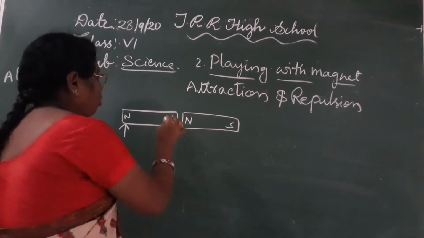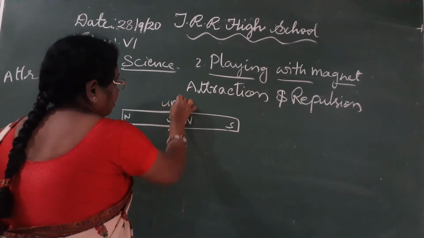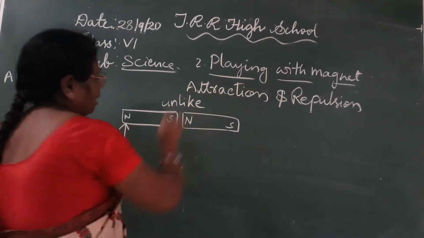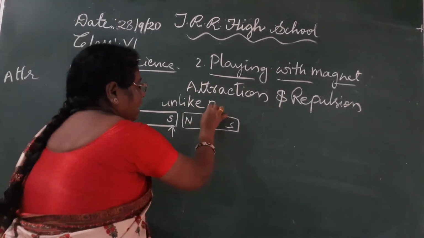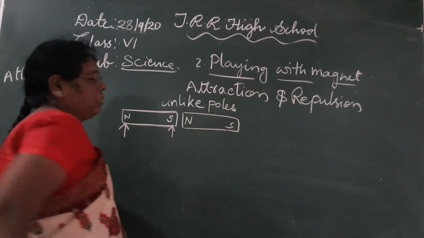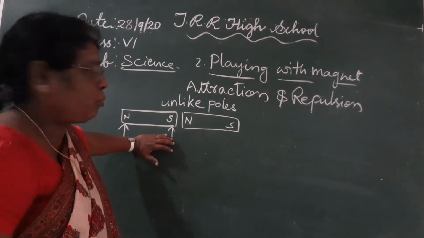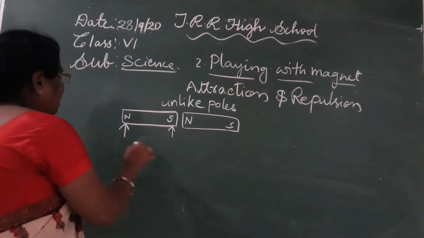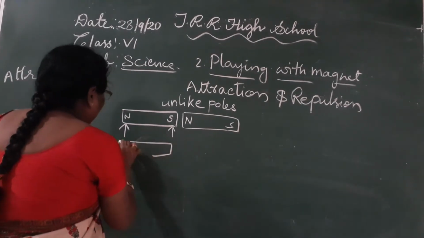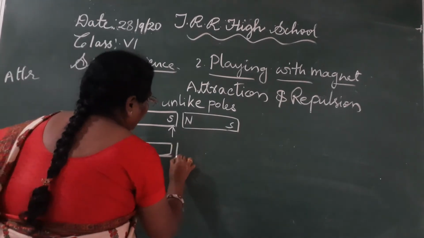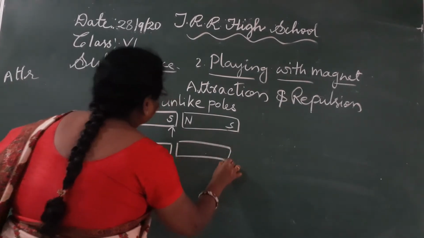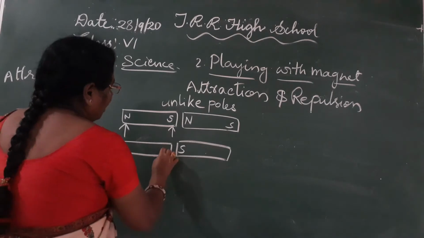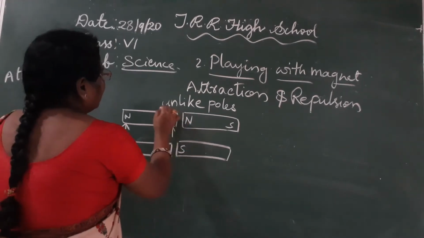These poles are called unlike poles. Now take two bar magnets and bring the south pole and north pole together.